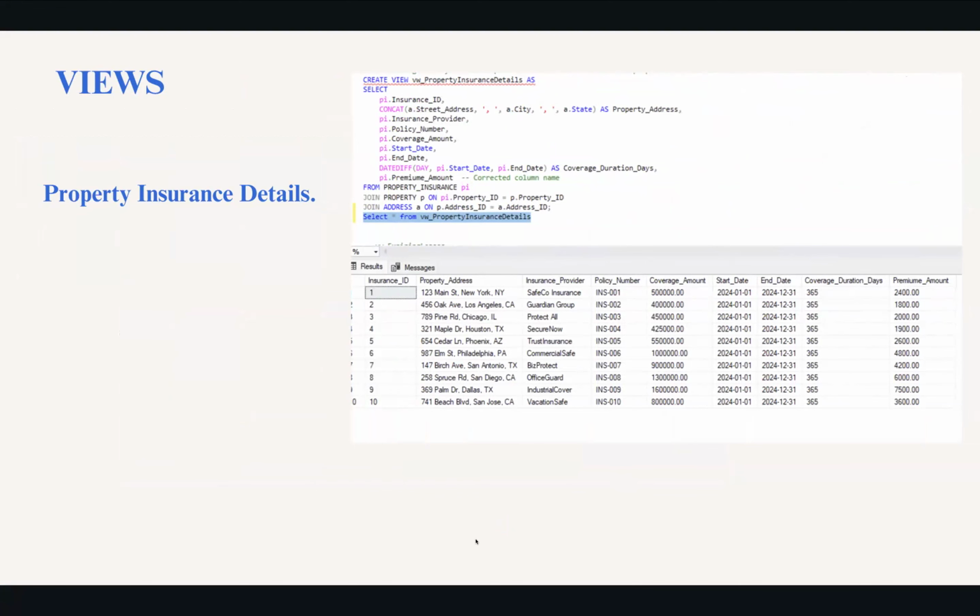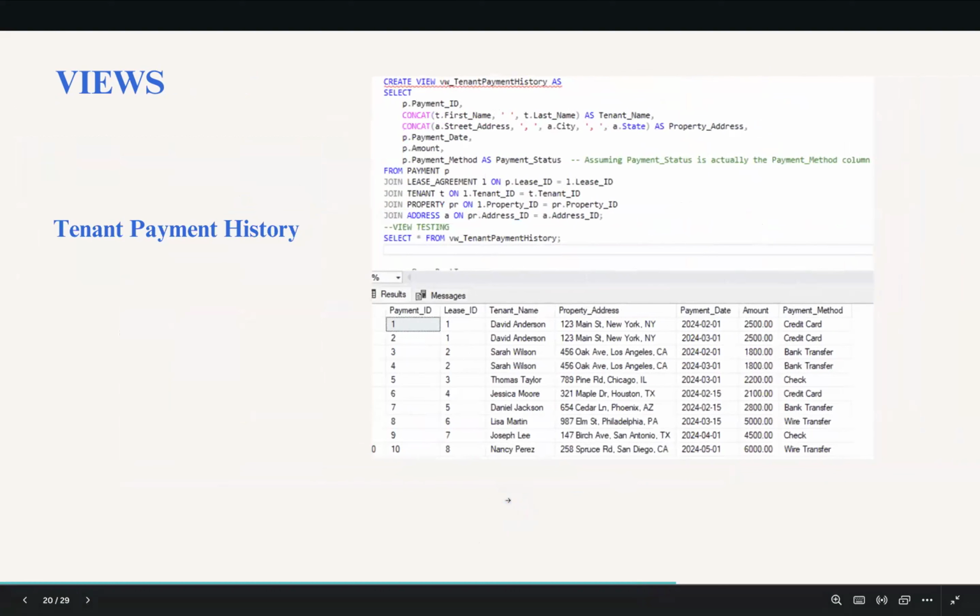Now, moving on to the tenant payment history view. All tenant payment information is centralized in one place. It displays payment dates, amounts, methods, and links the tenants to their respective properties. This comprehensive view allows property managers to efficiently monitor financial transactions and address overdue payments with ease.